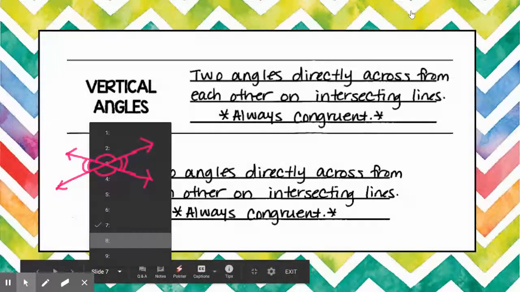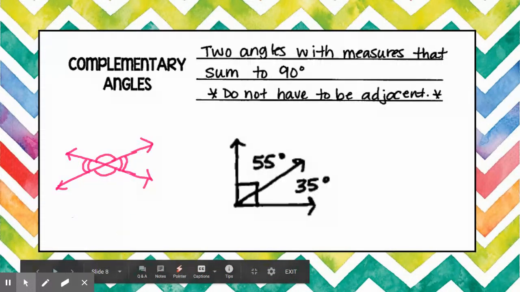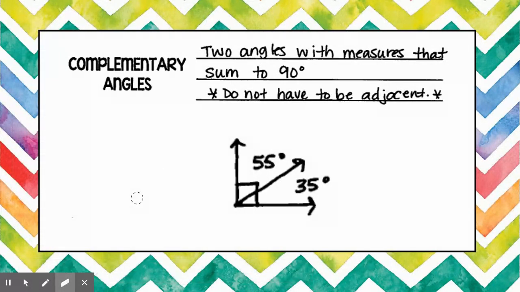Let me go to number 8. Complementary angles. Here we have complementary angles, two angles with measures that sum to 90 degrees. They don't have to be adjacent.